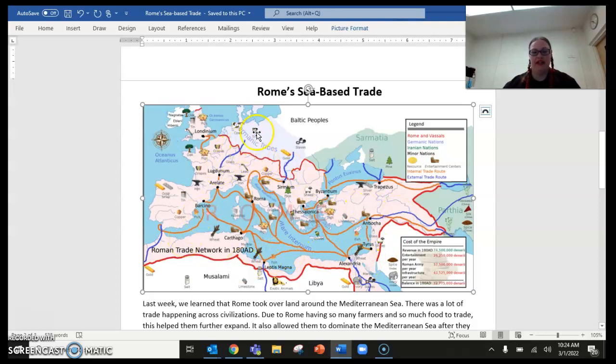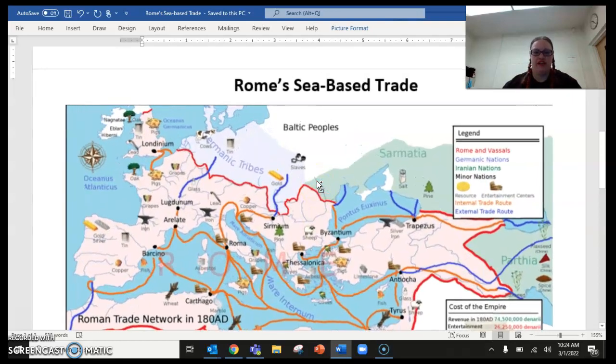The blue lines are the Germanic tribes. So over here we have Germanic tribes. The green is Sarmatia. Over here is Parthia. You can see it over, yes, we got it, okay, cool. Let me zoom in just a second.